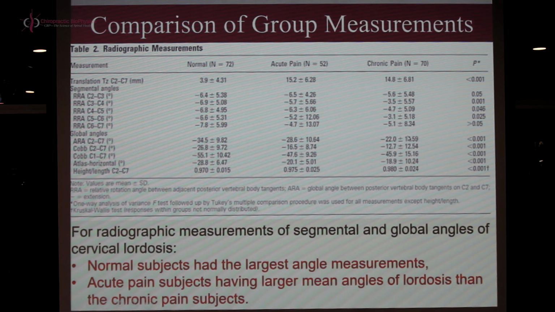And also, I want you to look at the standard deviation. Always, pain subjects have a larger standard deviation of their measurements than normal subjects. Normal subjects should be, if we classified them right, tighter around the mean. Chronic pain subjects, because there's no such thing as a perfect dichotomous variable between groups, there's going to be a broader distribution.